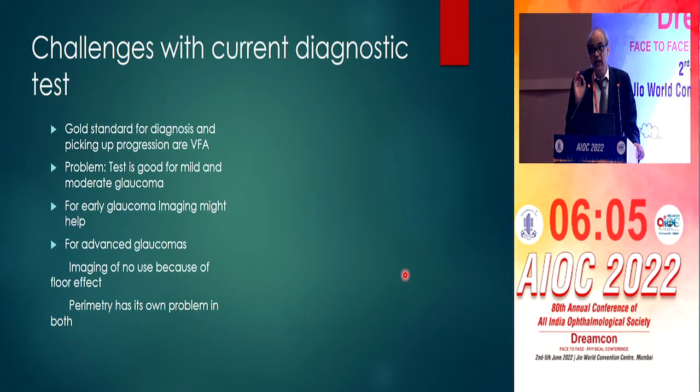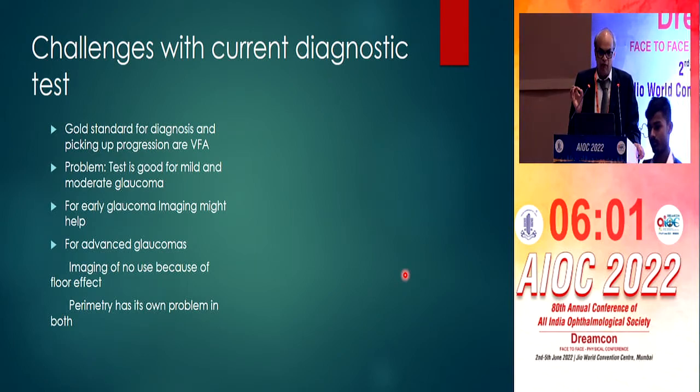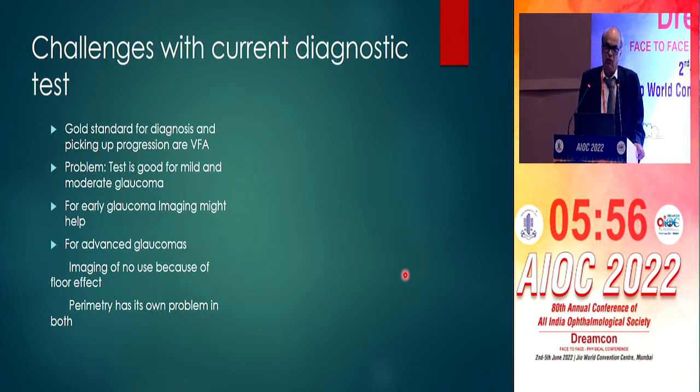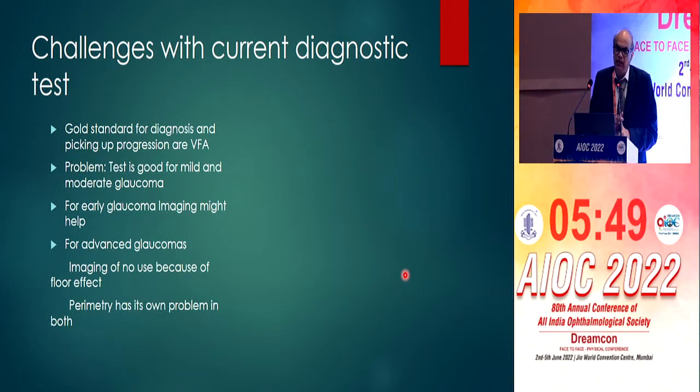But the real challenge is to monitor the end stage or very advanced glaucoma. The reason is, what modalities do you have to monitor glaucoma? Glaucoma can be monitored by doing stereoscopic disc photographs. In a very advanced stage, where there is no neuroretinal rim, you cannot observe the progression just by taking the stereoscopic photograph.